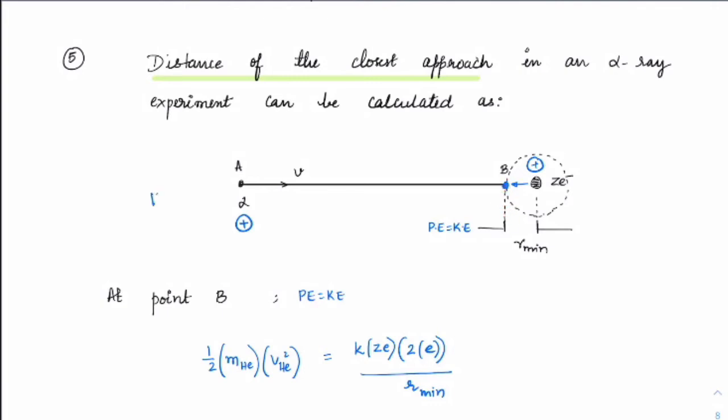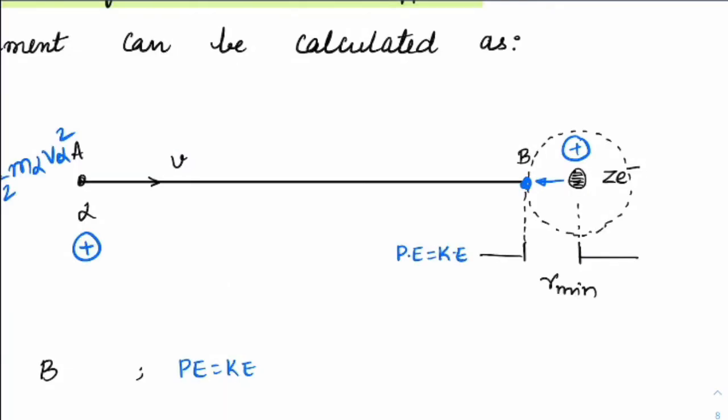Here the kinetic energy of the alpha particle is half into the mass of the alpha particle and the velocity of the alpha particle square. And as it reaches here, that kinetic energy has become zero. So this entire energy has been converted into potential energy, which is present here because of the repulsion between these two particles.